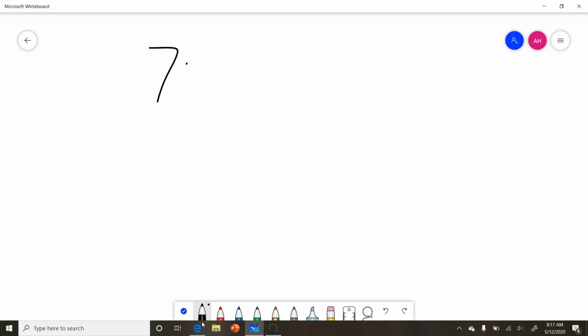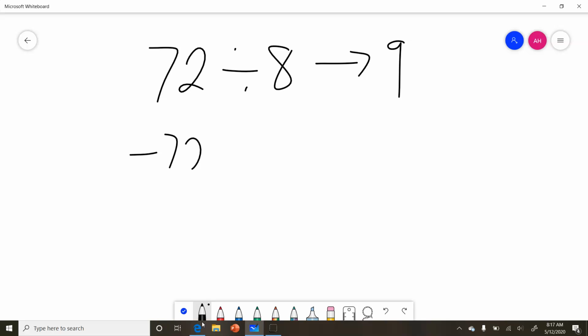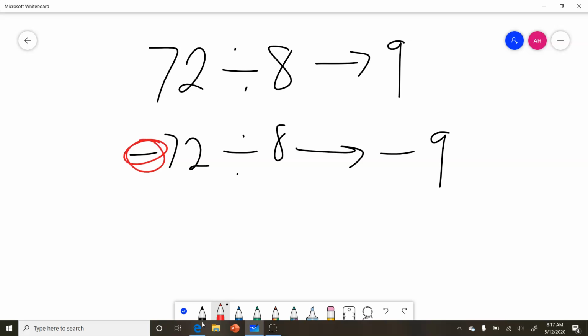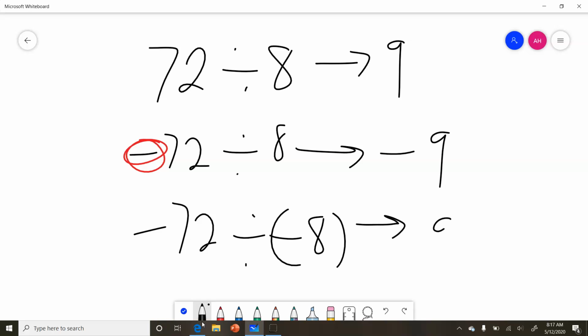If you have 72 divided by 8, that equals 9. If you have negative 72 divided by 8, that's negative 9. Why? Because I had that one negative sign. Now, if you have negative 72 divided by negative 8, you're going to go back to positive 9. Why? Because you had two negatives, and what happens when you have two? They become plus signs every single time.